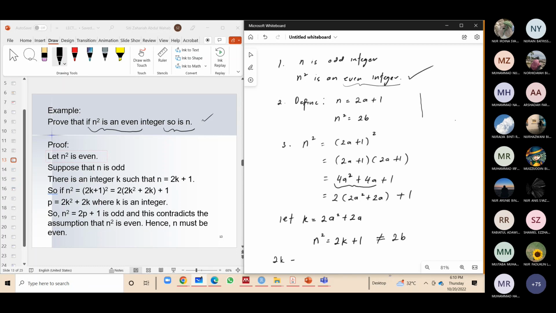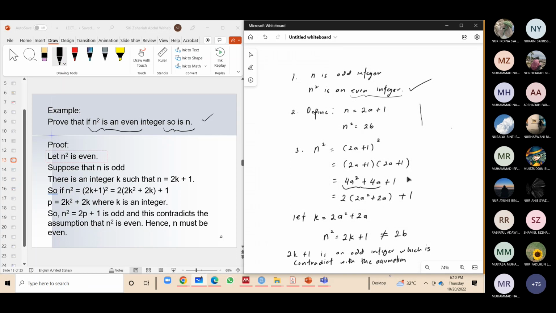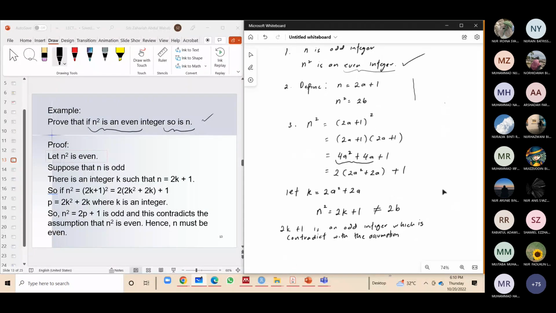We can say here 2k plus 1 is an odd integer, which contradicts the assumption. So the above statement is true.